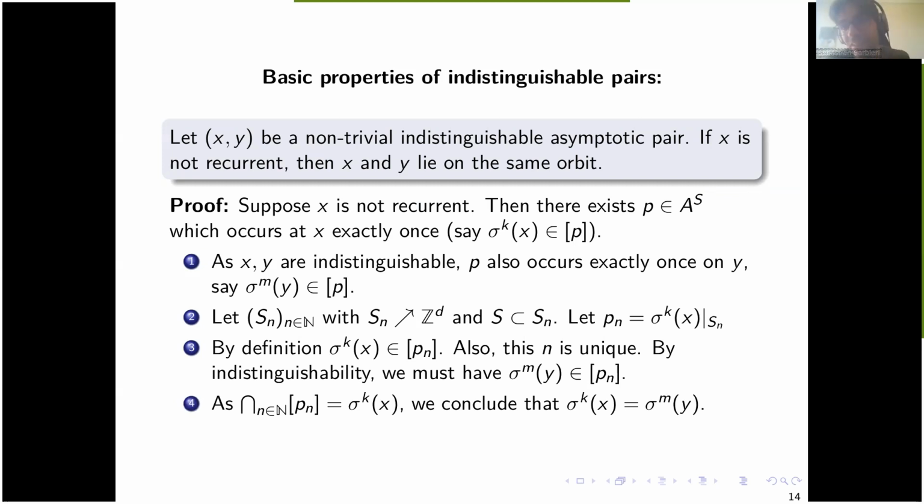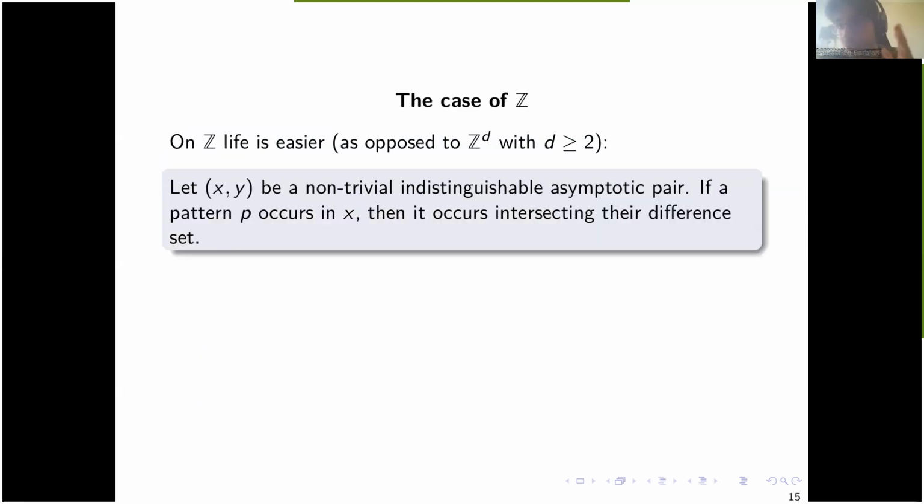So that shows that if I have an example where my configurations are not recurrent, then necessarily it's a trivial example. They need to be on the same orbit. Okay, so we can assume now that we're going to have recurrent things. And for the rest of this part of the talk, I'm going to restrict to Z because life is easier. The proofs are much nicer and I have stronger properties.